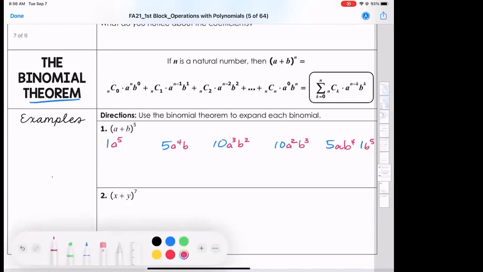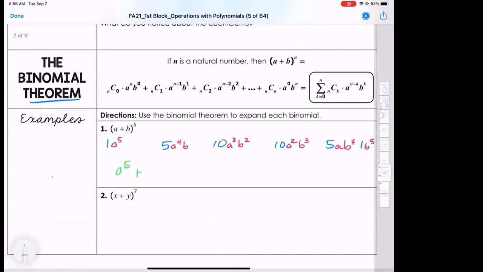Write it all out. As long as it's bigger, you just start with the biggest one.